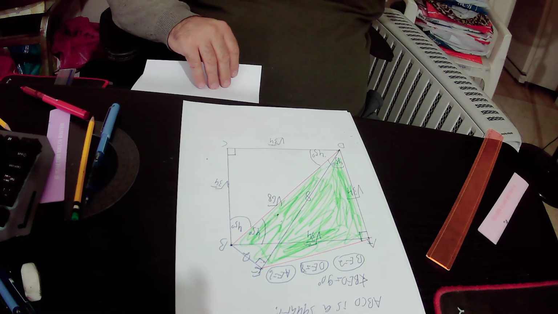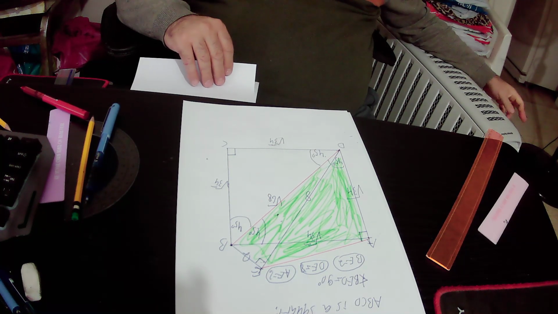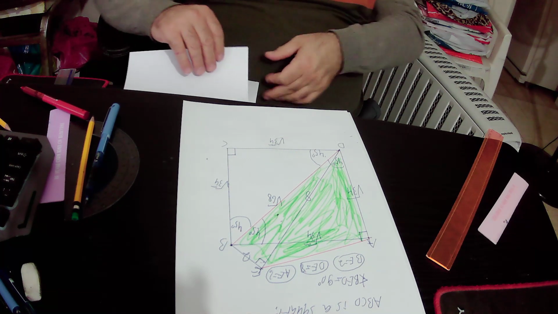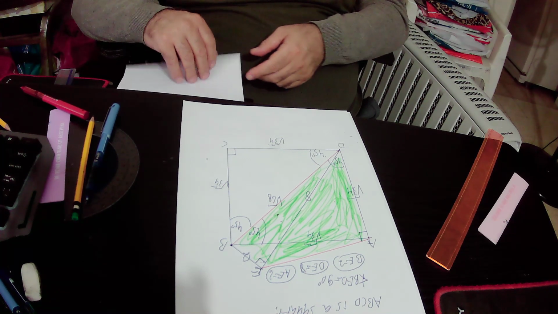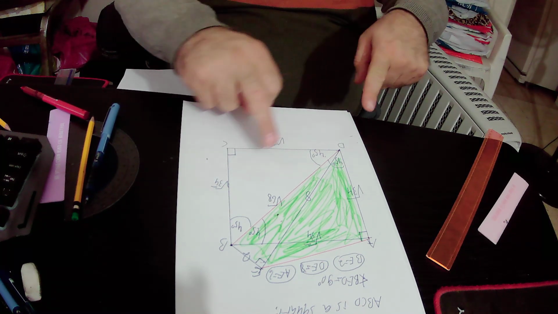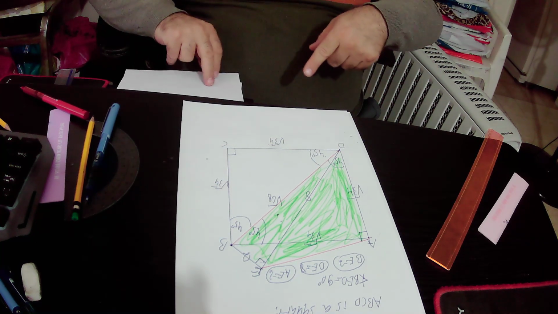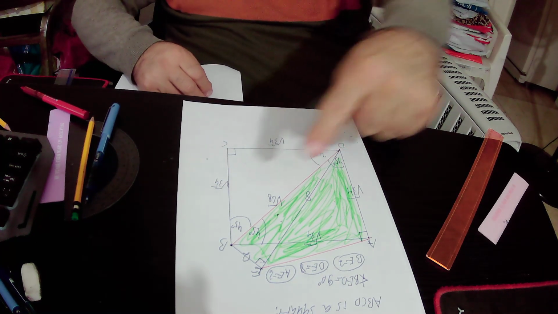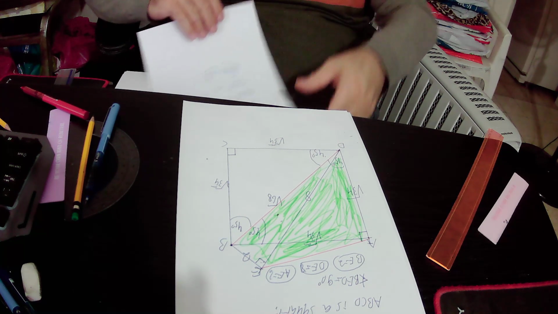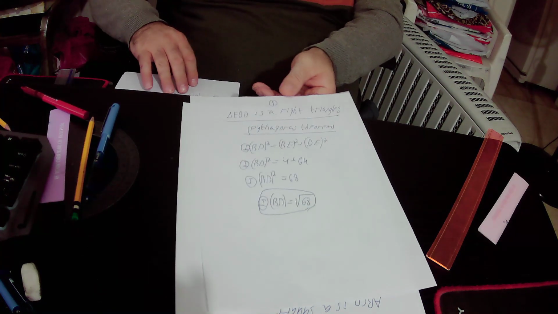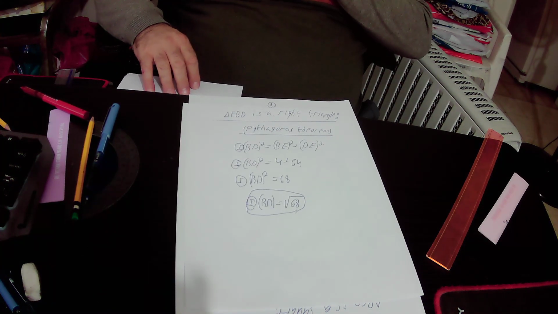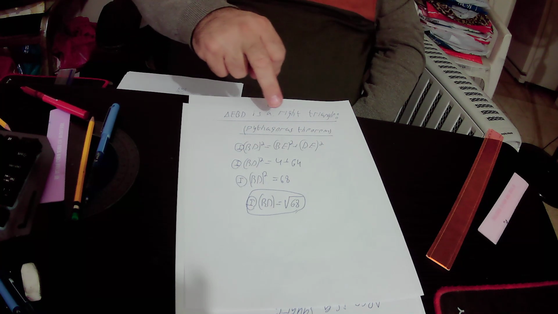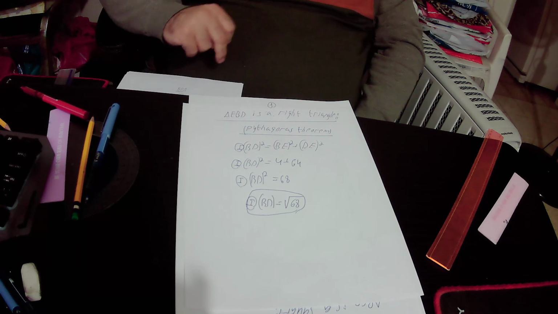According to the Pythagoras theorem, in any right triangle, the square of the hypotenuse equals the sum of the squares of the perpendiculars. The hypotenuse in the right triangle DEB is DB, so DB squared will be equal to EB squared plus DE squared.